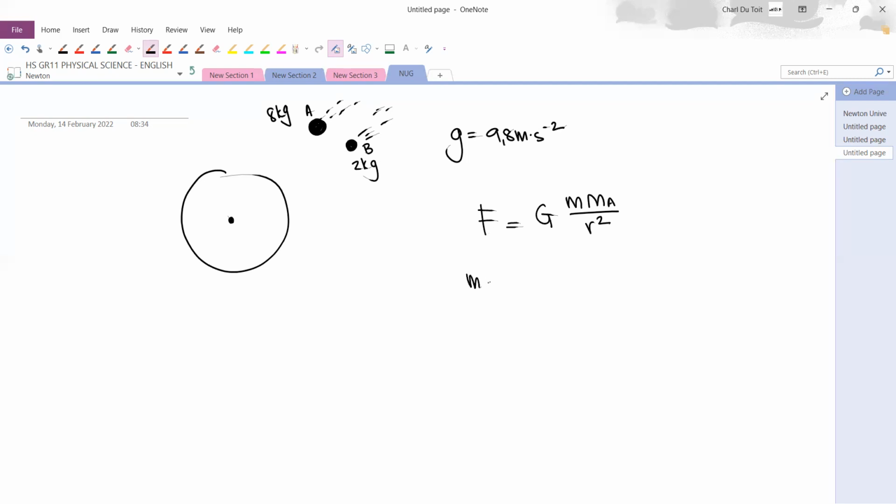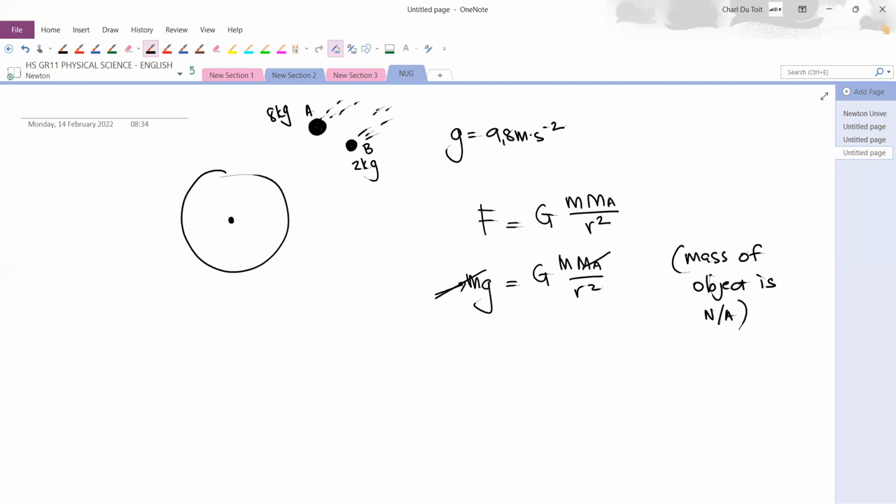F is mg, that is gravitational acceleration, the mass of the Earth, the mass of the object A. But this is also the mass of the object. F = mg is also the mass of the object. So I can cancel this one and that one. So the mass of the object is not applicable.